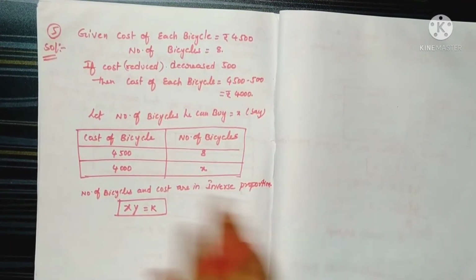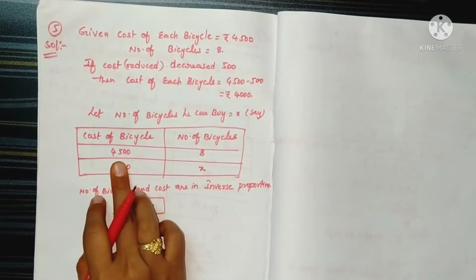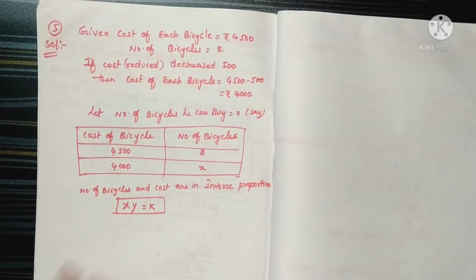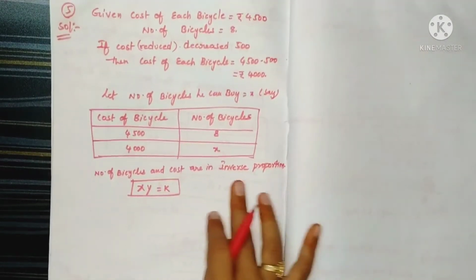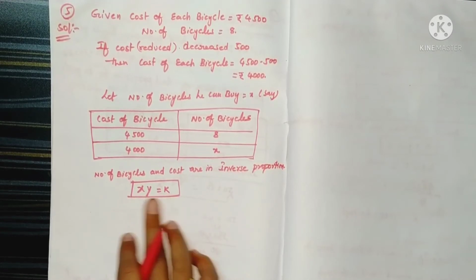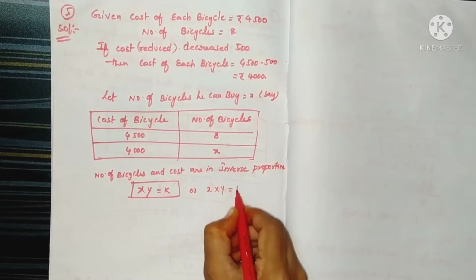We don't know that. So cost of bicycle, number of bicycles: 4,500, 8; 4,000, x. So bicycles and cost are in inverse proportion. Inverse proportion means xy is equals to k, or x into y is equals to k.